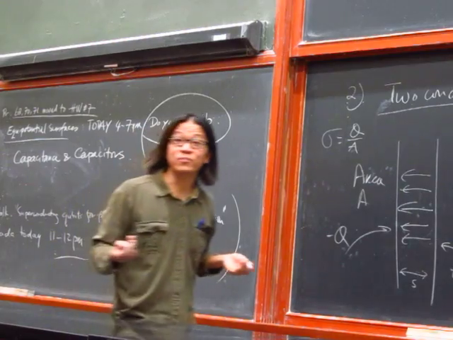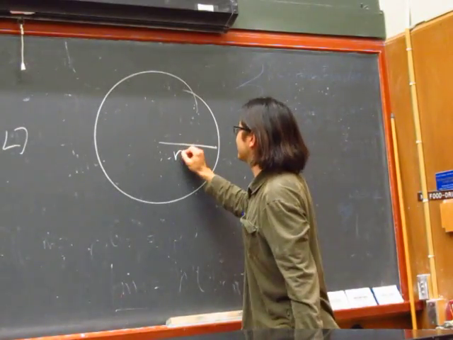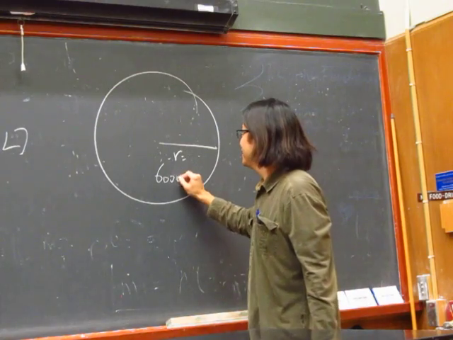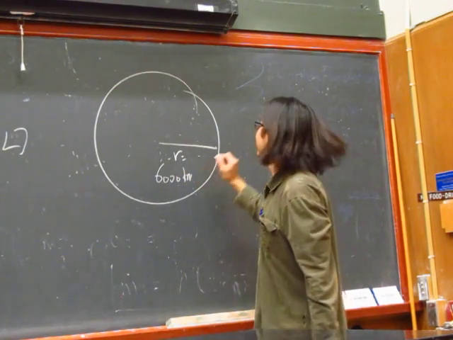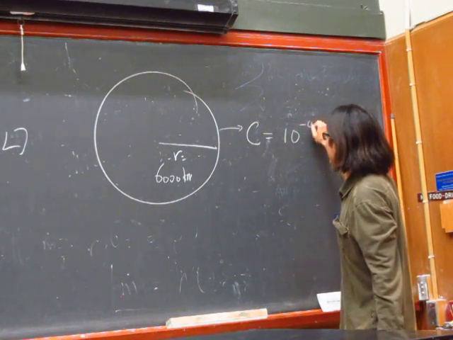I don't know if you read the book, if you read Purcell. If you consider a sphere the size of the Earth, where R is about 6,000 kilometers, is that correct? Yes. Then you'll find that the capacitance is approximately 10 to the minus 4.